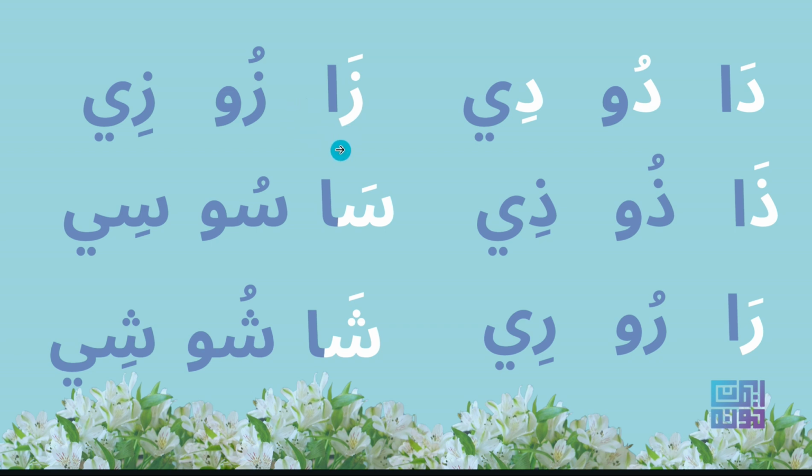With an alif, zaa. Without an alif, za. Without a waw, just the dhamma above, it's going to be zu. Adding a waw sukun, we're going to extend it. Zuu. And the same here, zii.